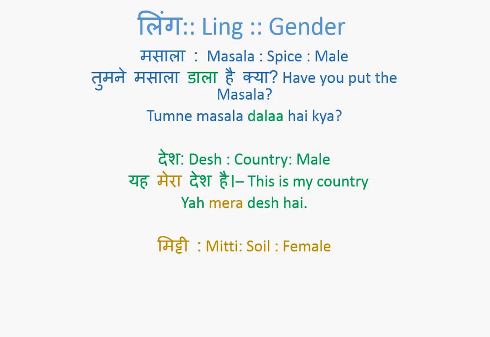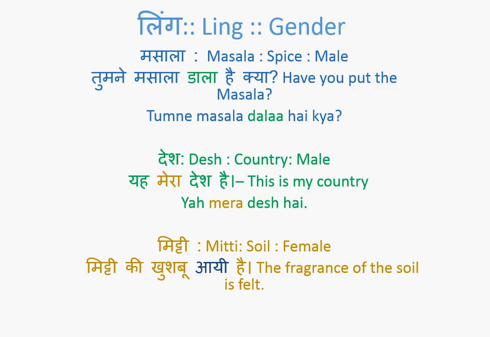And Mitti. Mitti means soil. Desh and Mitti for an Indian can never be apart. They are always together. So, मिट्टी की खुशबू आई है. This is especially when with the start of the rain, you have a very special fragrance of the soil.